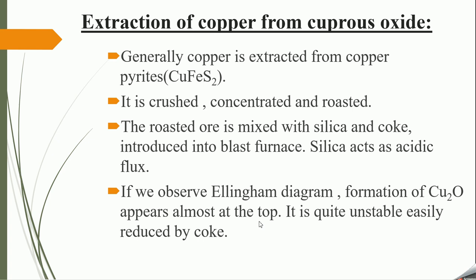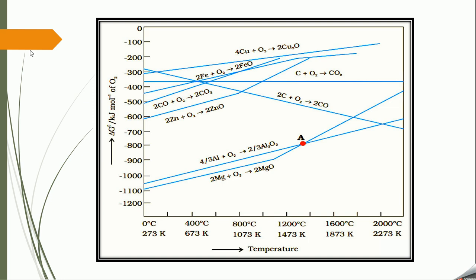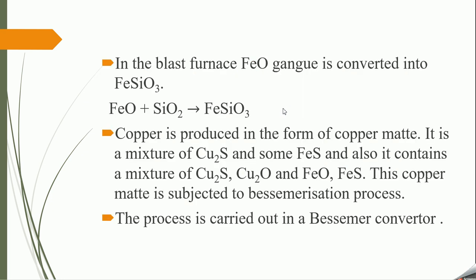The selection of coke as a reducing agent is done using the Ellingham diagram. The formation of cuprous oxide appears almost at the top of the Ellingham diagram, indicating it is quite unstable and can be easily reduced using coke. Hence, coke is used as a reducing agent.